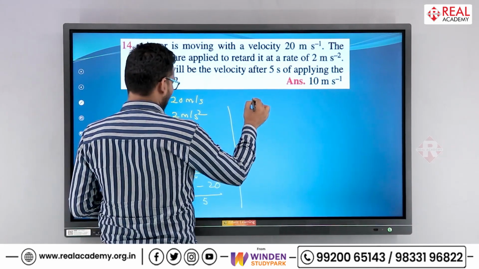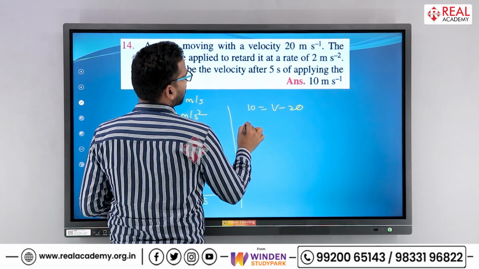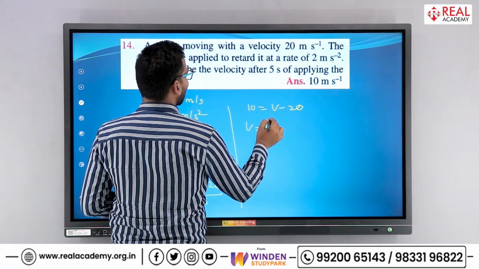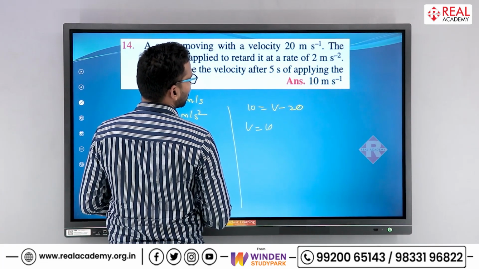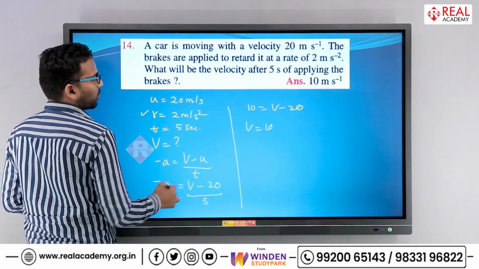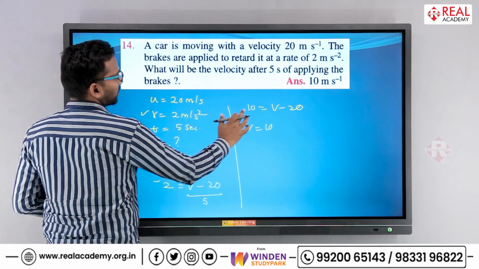Right? So 2 5s are 10 is equals to V minus 20. So V is equals to, okay, this is retardation. So you need to take minus sign over here. This is retardation. Just a second, I'll explain it.